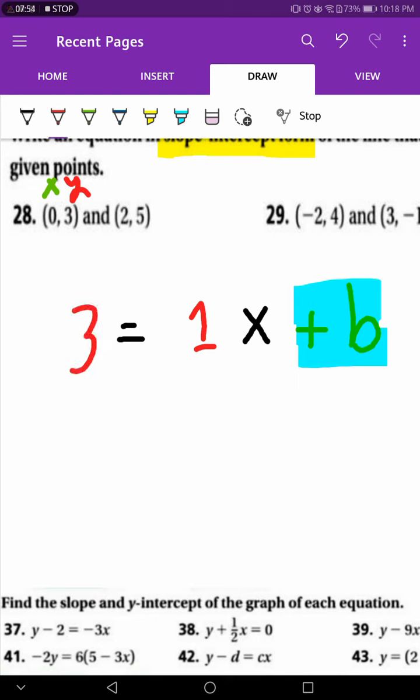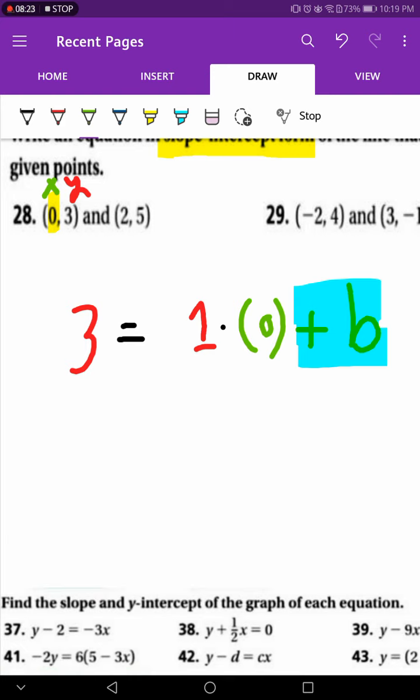And remember, here there is a multiplication between the 1 and the x. Every time you have this sign, but it is hidden. And I replace the value of x, which is 0, instead of x. So this is 0.